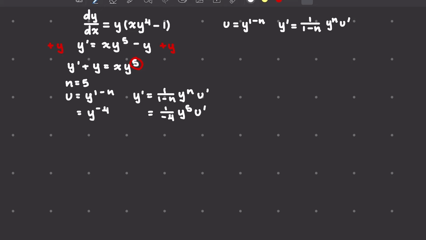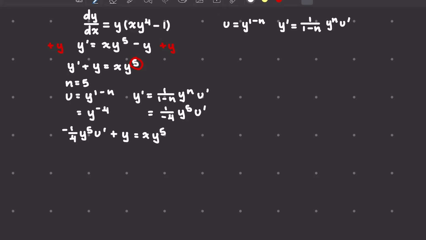Now let's substitute our y prime into our equation over here, like the previous example. So it's negative 1 over 4 times y to the fifth power times u prime plus y equals x times y to the fifth power.